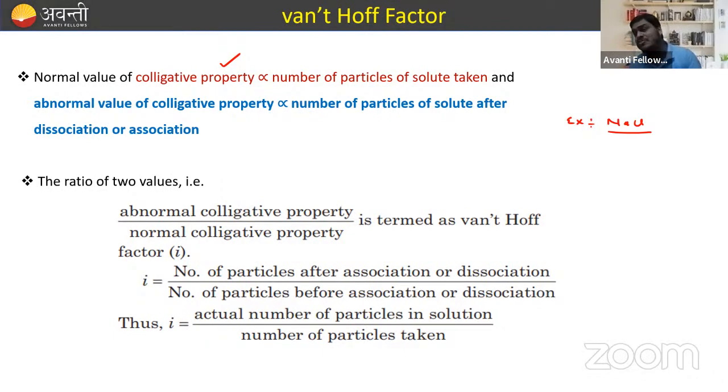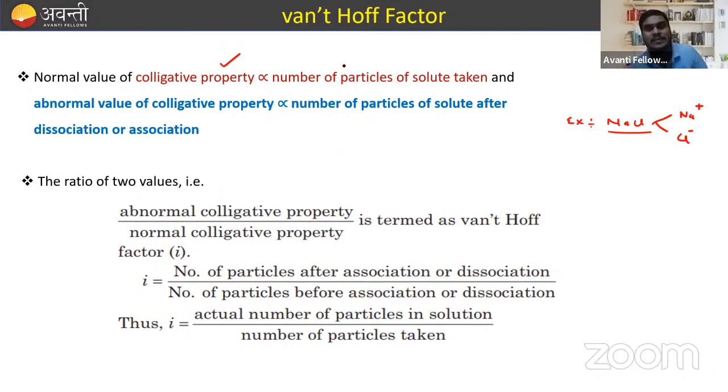So this is valid for this only. But now in case of NaCl, we know that NaCl in aqueous solution dissociates to give one Na positive ion and one Cl negative ion, right? So it will produce two ions. So the number of particles is changed, and now the colligative properties also change.